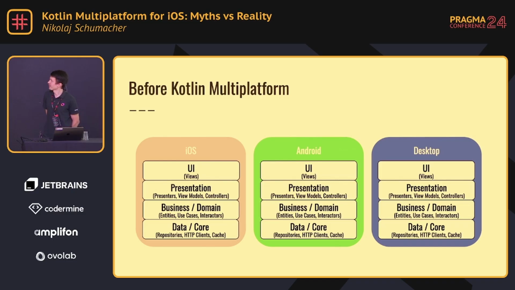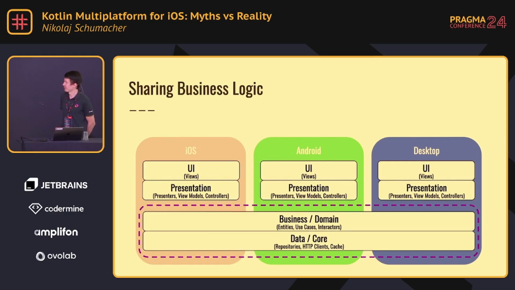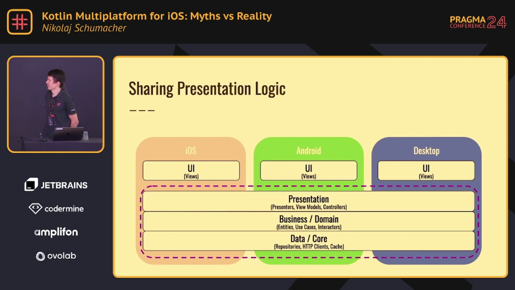So how does it work? You might imagine having 3 separate apps, a very simplified view here, with different layers, from the presentation layer all the way down to the business logic. And typically, you start just sharing business logic. So you still have your native UI in each separate app. But you can go a step further. You can start sharing presentation logic as well, for example, your view model, and still write native UI.